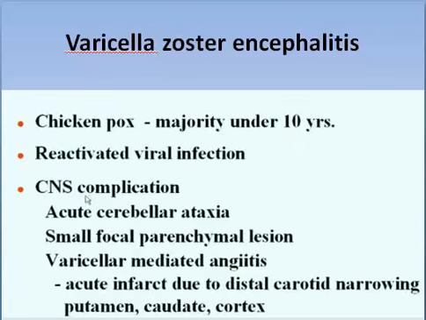Now we come to varicella zoster encephalitis or chicken pox. The majority are under 10 years. It is a reactivated viral infection, and don't forget that there is acute cerebellar ataxia and angiitis with infarcts.